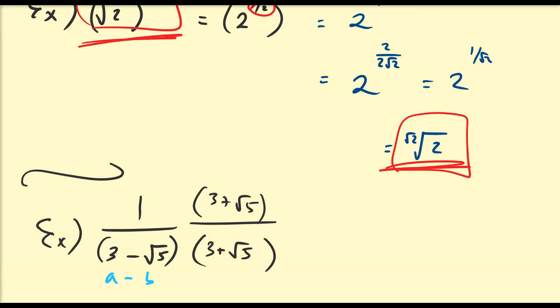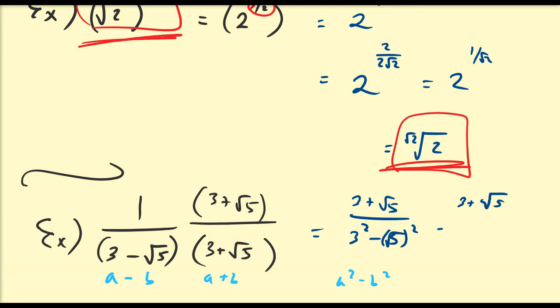Because this is a minus b, this is a plus b, so this is going to go to a squared minus b squared, and the square will delete the square root symbol. So this is going to be 3 plus the square root of 5 all over 3 squared minus square root of 5 squared. So that's going to be equal to 3 plus the square root of 5 all over 9 minus 5, which is 4.